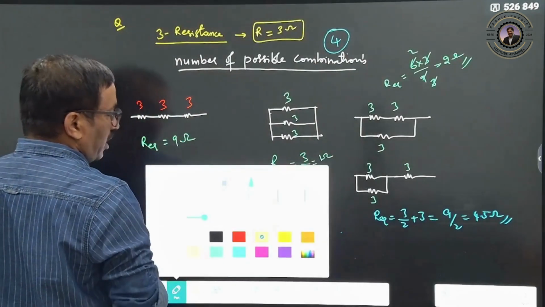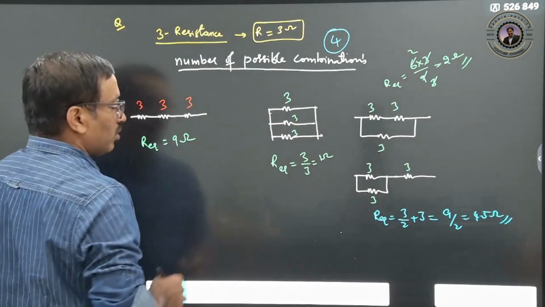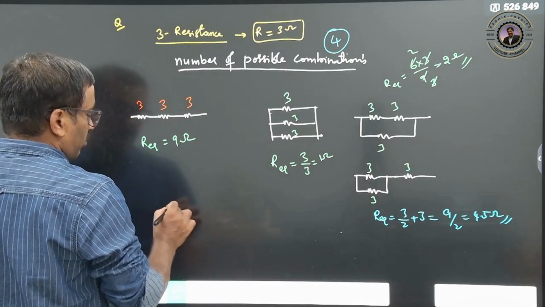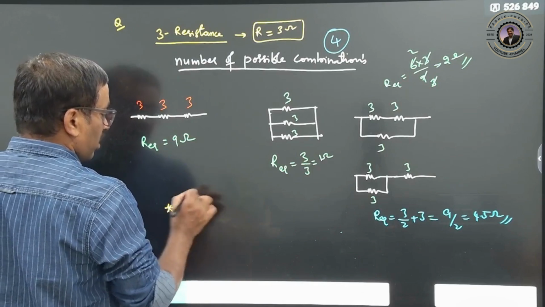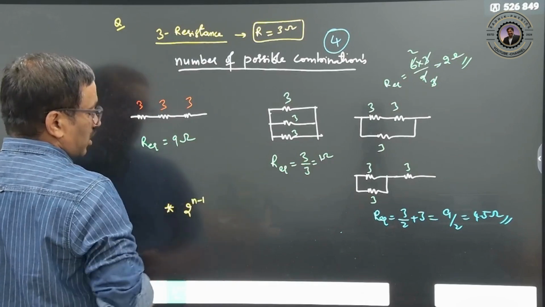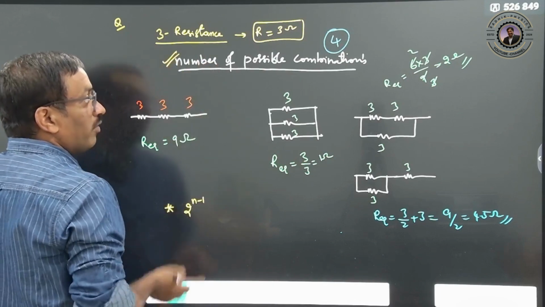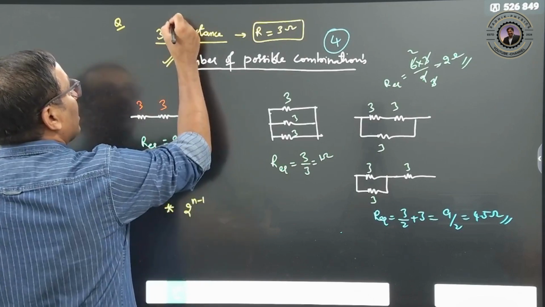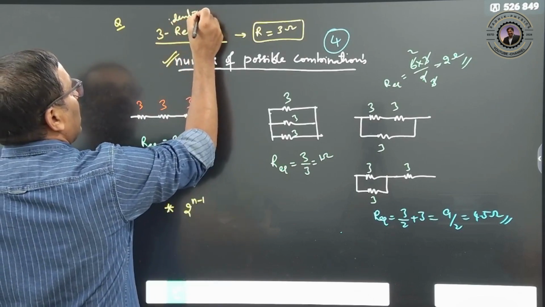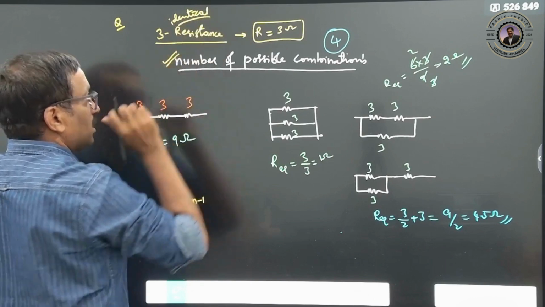Suppose I give 100 resistors, how do we calculate it? You can use one very important formula: 2 to the power of n minus 1 combinations are possible. When is it possible? When identical resistors are connected.